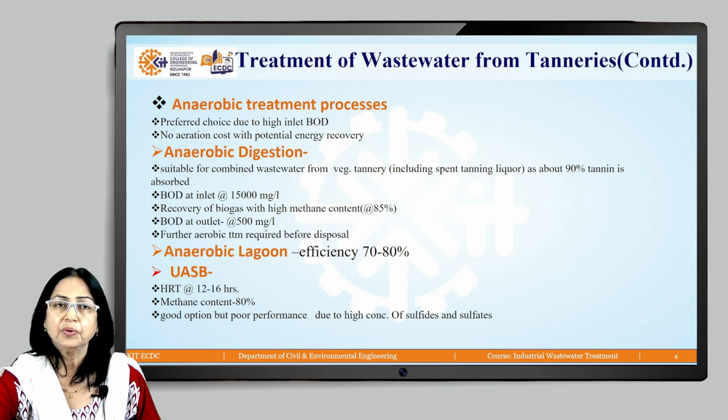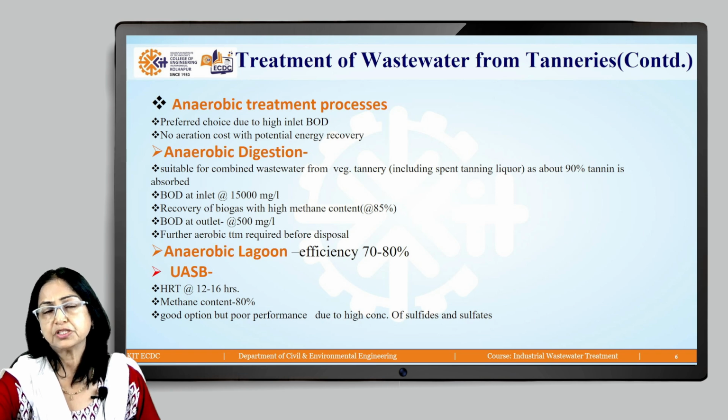Now, instead of going directly to aerobic treatment, which is quite expensive, we can give a combination of anaerobic and aerobic treatment for tannery wastewater. For anaerobic treatment, the most preferred is anaerobic digestion, where you can reduce BOD load and at the same time there is a potential of energy recovery in the form of biogas.